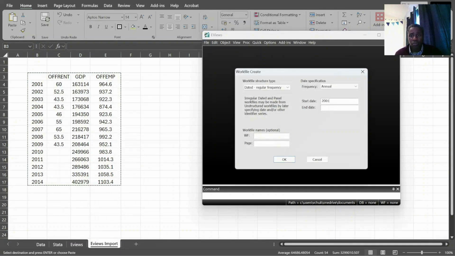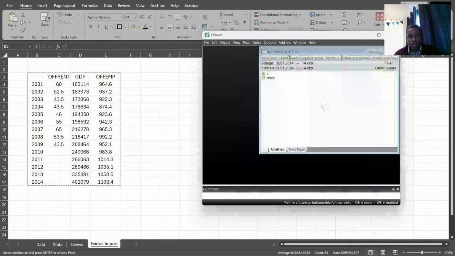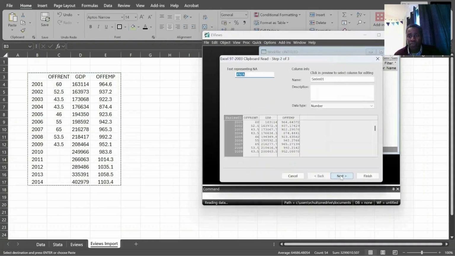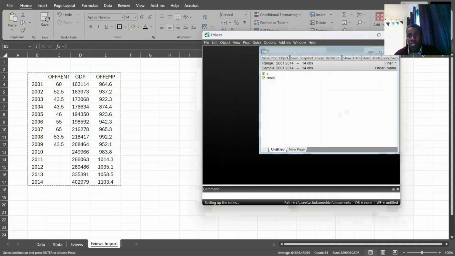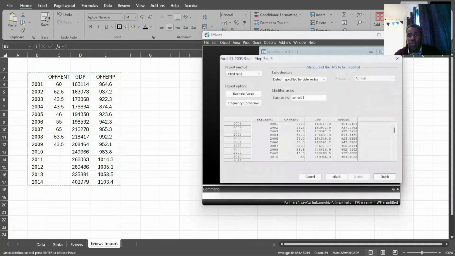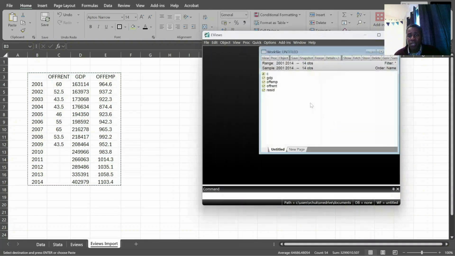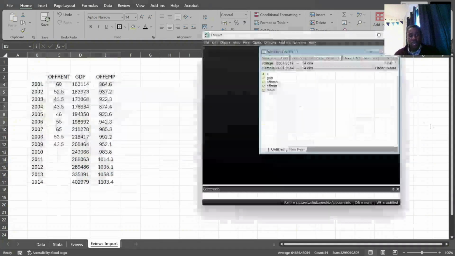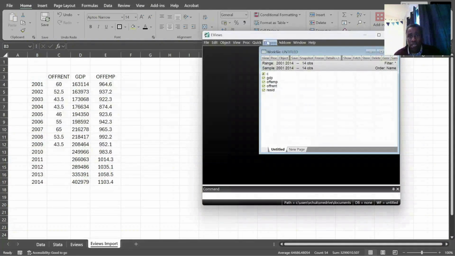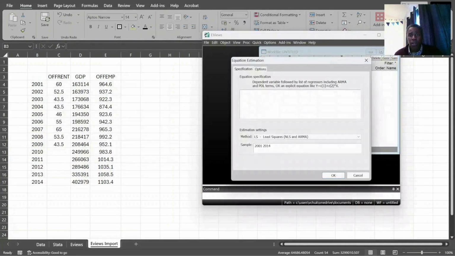The data goes from 2001 to 2014. Copy that in, hit next, next again. Here's our data. And now we can run a model.